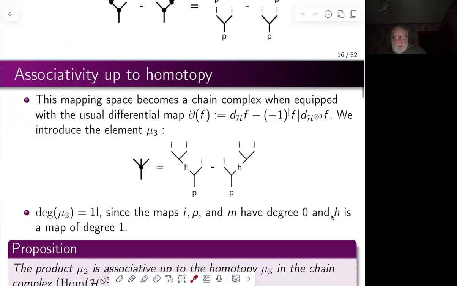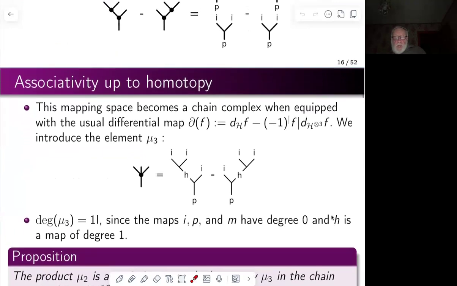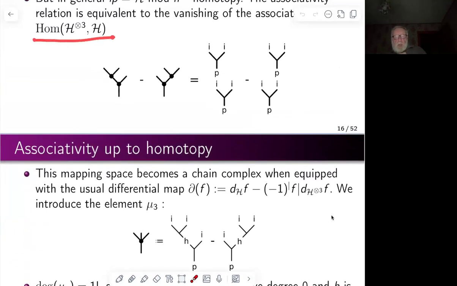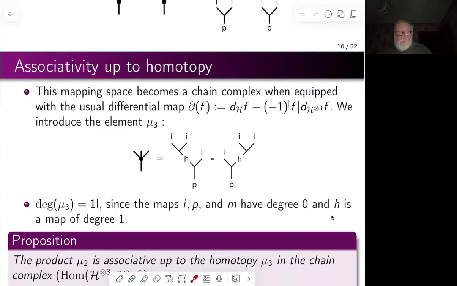For this chain complex on the level of H, we define a differential partial D, and if we have an element F from this Hom, then partial D of F we define as our differential DH initial of F minus DH of F, but with DH now in the third tensor degree.